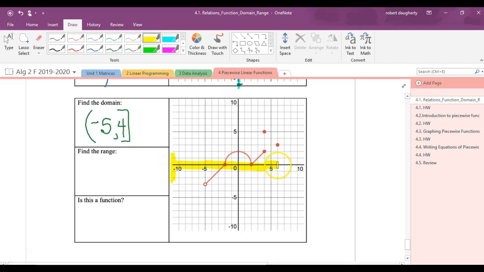What's the other value that I see? 6. So it's this. Every number between negative 5 and 4, or the number 6. Okay. So it takes on every value starting at negative 5, not including negative 5, up to 4, including 4, and then it could be the number 6.